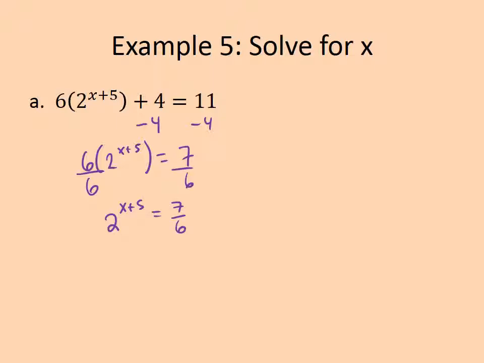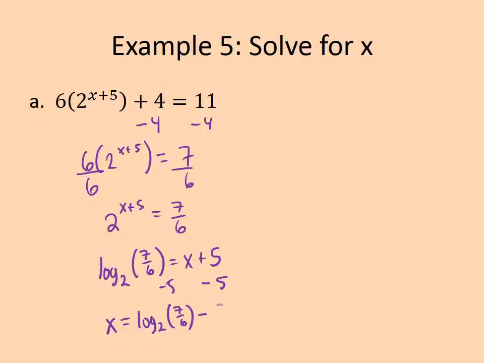Now we can change this from exponential form into log form. So we have log base 2 of 7/6 equals x plus 5. Now to isolate the x, we must subtract 5 from both sides. So x equals log base 2 of 7/6 minus 5.